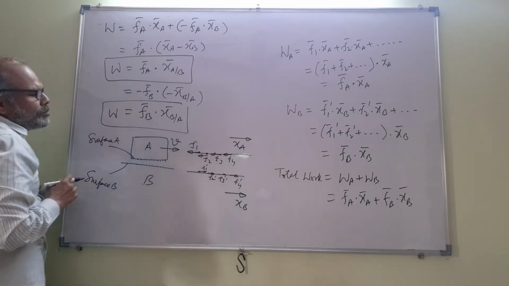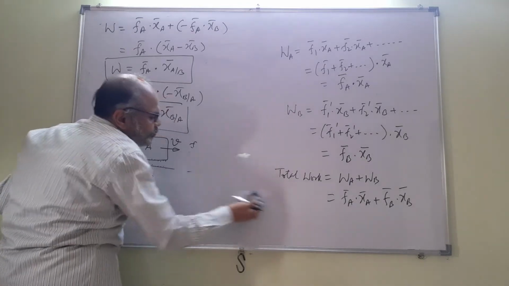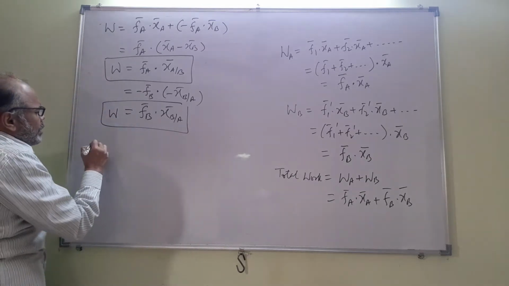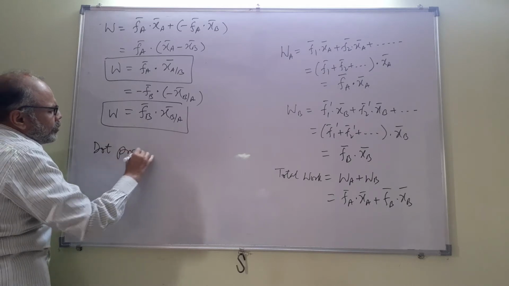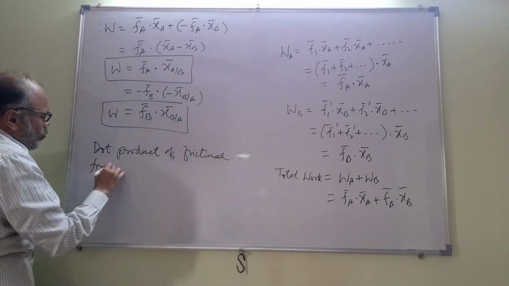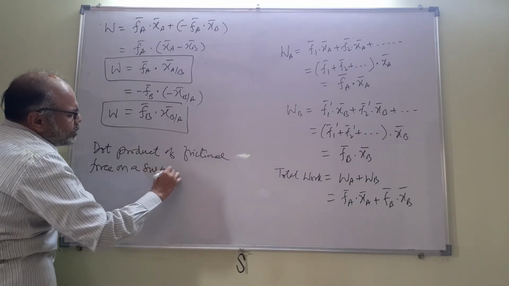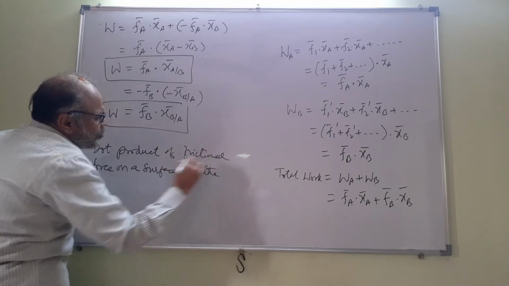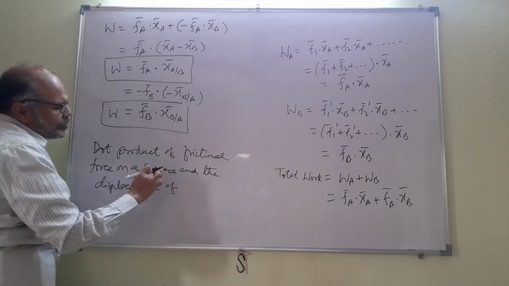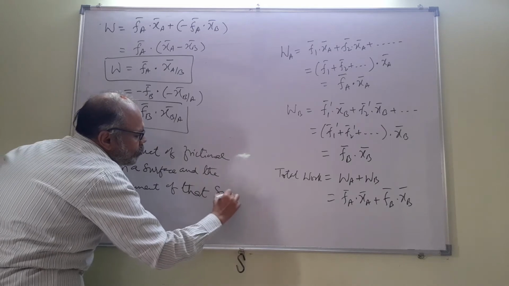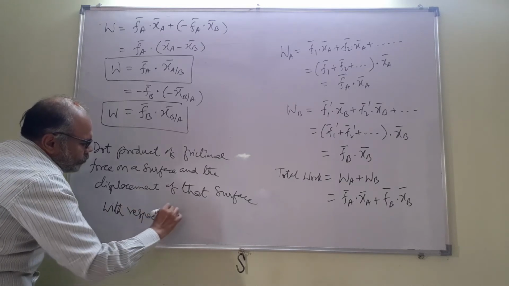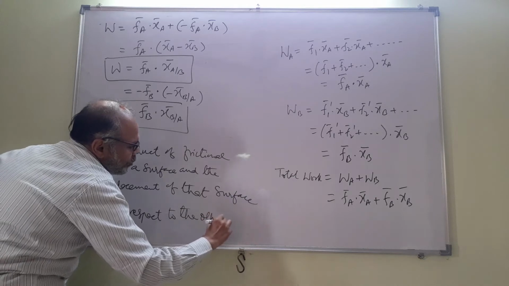So the total work done by the frictional forces can be said as the dot product of the frictional force on any one surface, whichever surface you have chosen, and the displacement of that surface with respect to the other surface.